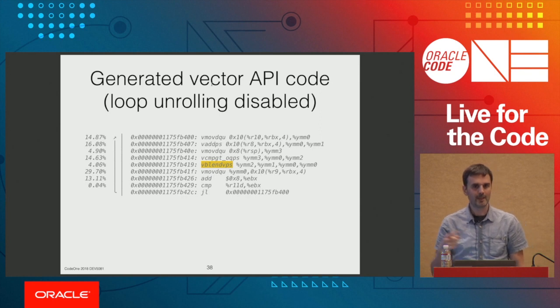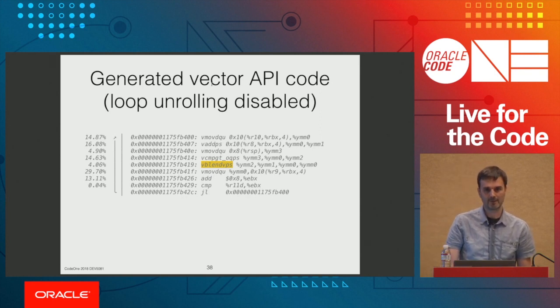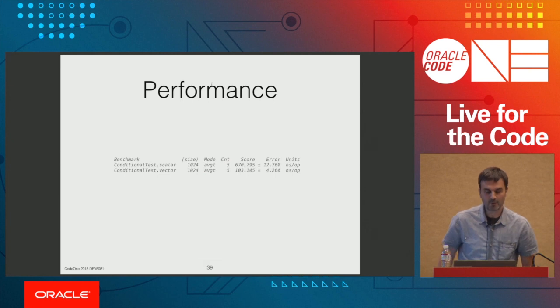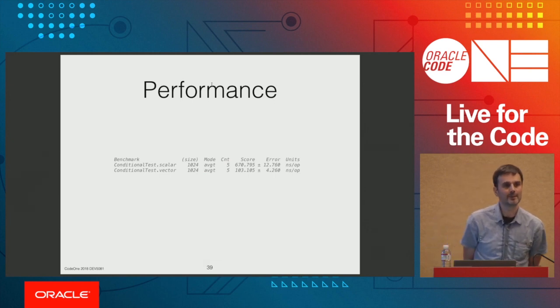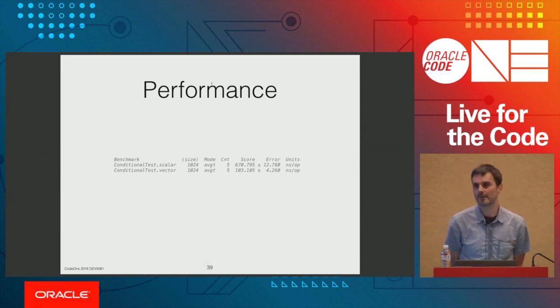We're not actually using any mask registers here because we're not on an AVX512 system, which has mask registers, so we have to use something else, which is the blend operation. The performance here is quite remarkable because the auto-vectorizer is not so good at doing conditionals. We could probably teach it to do that, which might require some work, but out of the box, the vector API performs a lot better because it can use these techniques, whereas the auto-vectorizer can't.